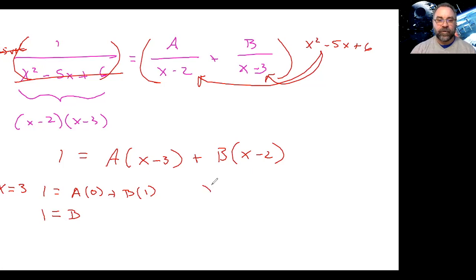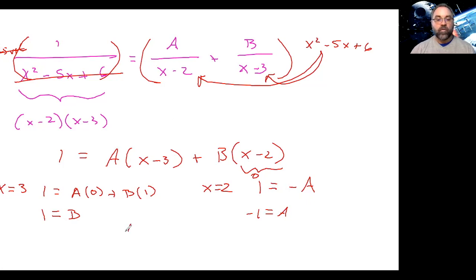How about 2? Then you get 1 equals negative A, and the coefficient for B turns out to be 0. So A is negative 1.